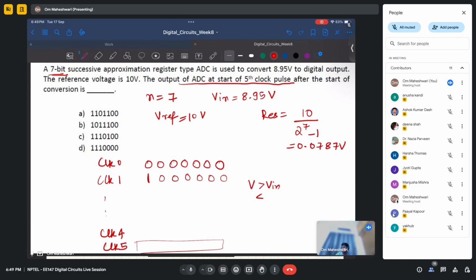Okay, has anyone got their answer? Okay, C is correct.